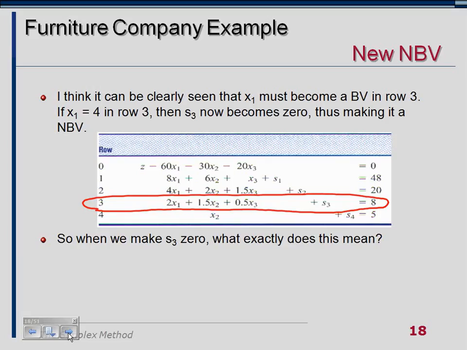So, if x1 becomes 4, okay, these guys are still 0. This guy's still 0. This guy can change. But if we make this guy 4, he becomes 8, right? As soon as we make him 8, what does this guy become?